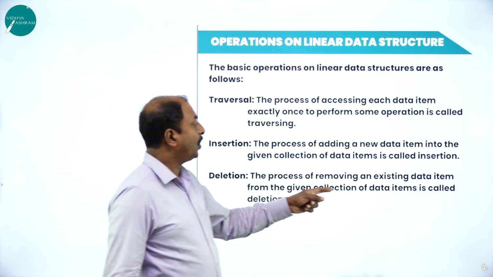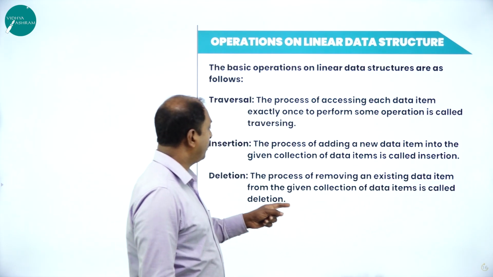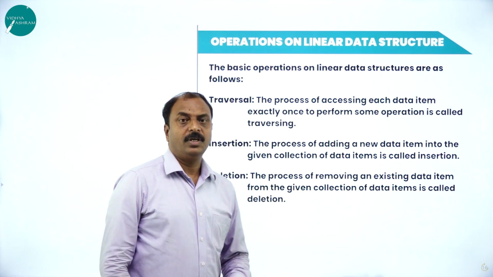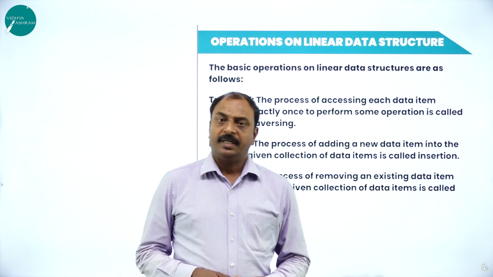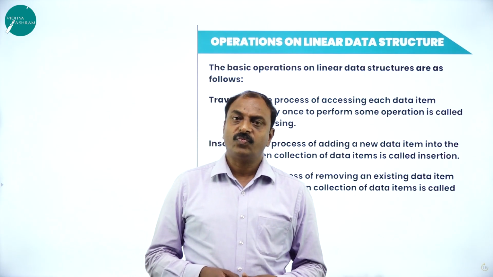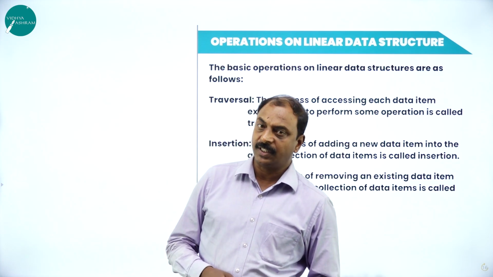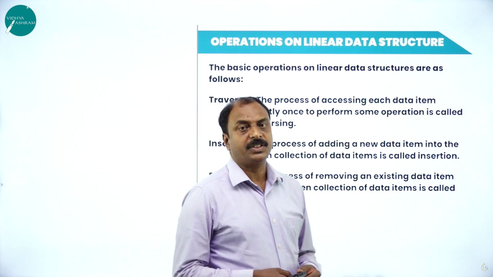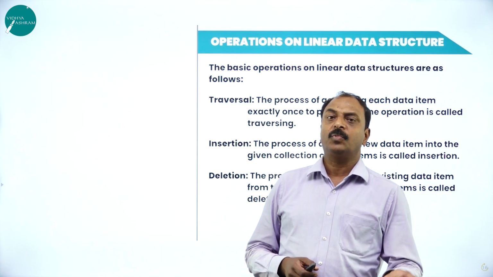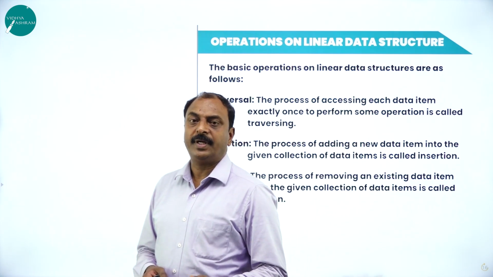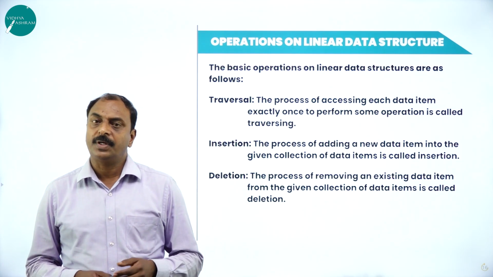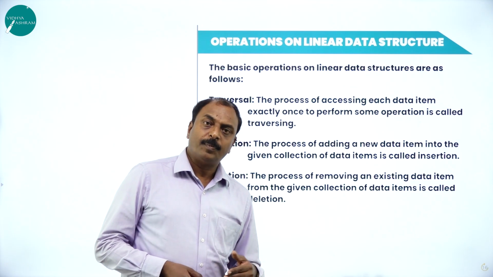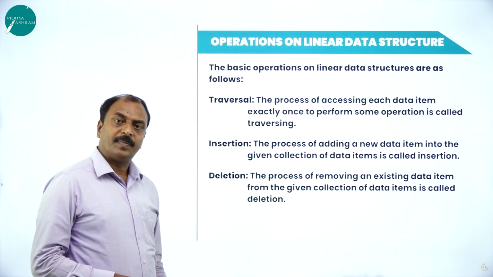Deletion: the process of removing an existing data item from the given collection of data items is called deletion. What is deletion? It is deleting a data item from the existing data structure. For example, if there are 10 data items in a data structure and I want to remove one data item, a particular data item can be removed from the data structure. That operation is deletion operation.